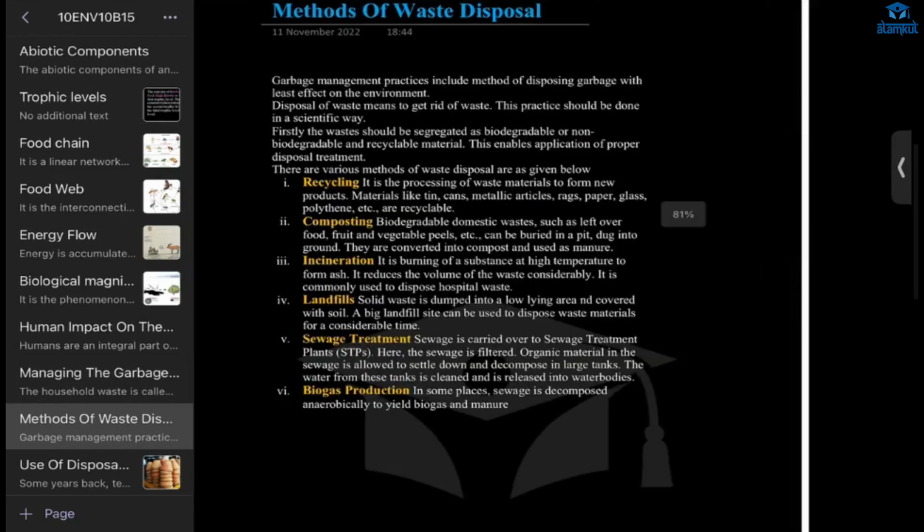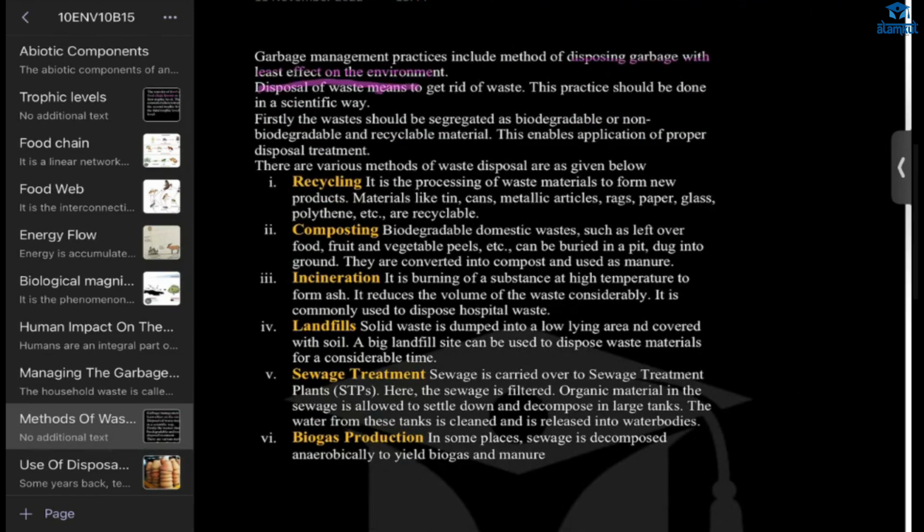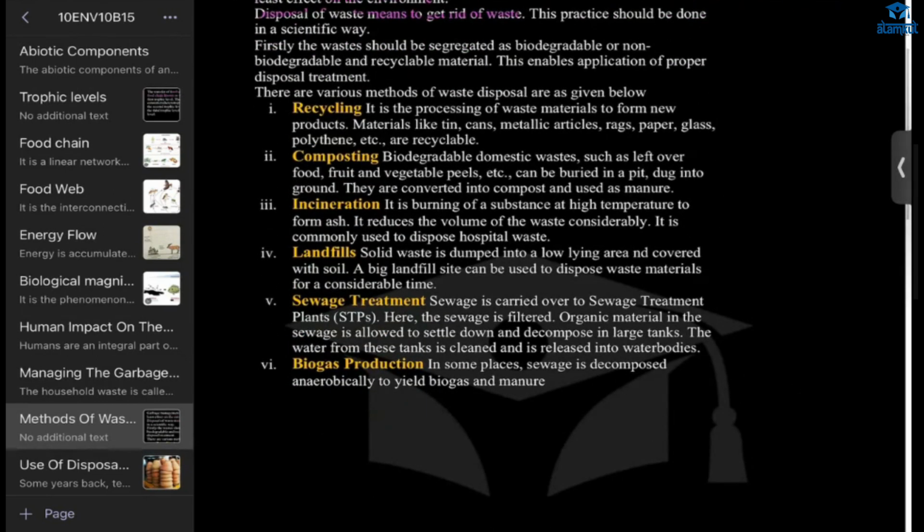Methods of waste disposal, okay? Garbage waste management practices include methods of disposing garbage with the least effect on the environment. Disposal of waste means to get rid of waste. Various methods we have: recycling. It is a process of processing waste material to form new products.